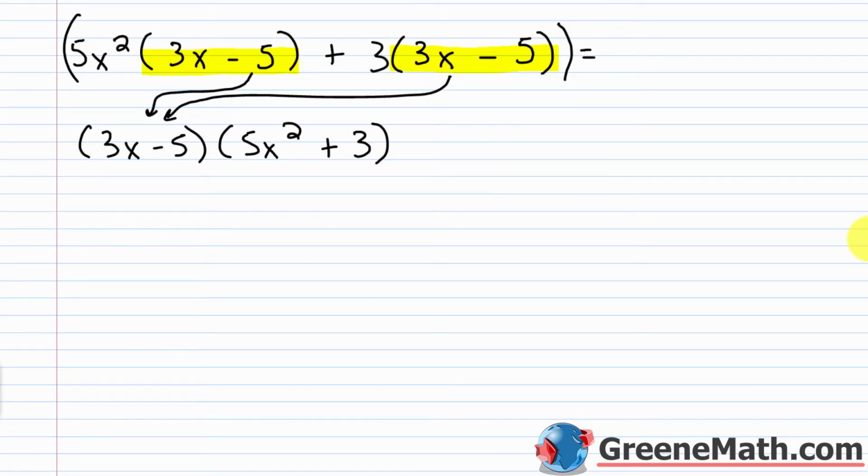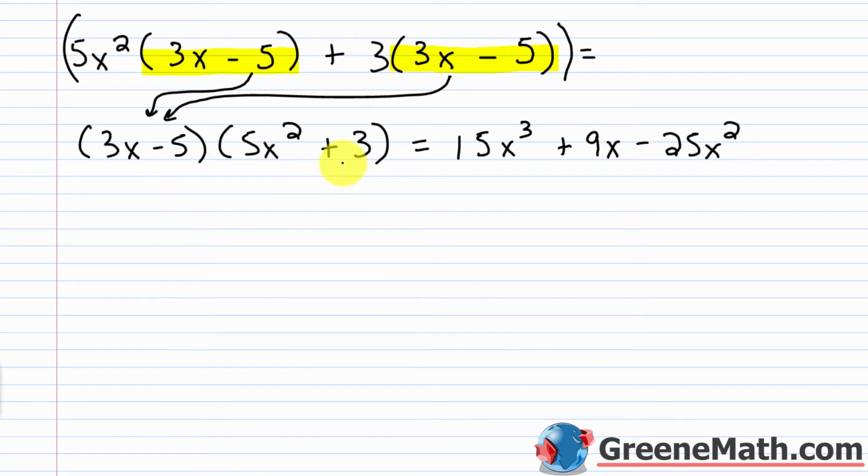So what we can do is use FOIL here, and we can prove that these 2 would multiply together to give us that original 4-term polynomial. So 3x times 5x squared is 15x cubed. Then 3x times 3 is plus 9x. Then negative 5 times 5x squared is minus 25x squared.